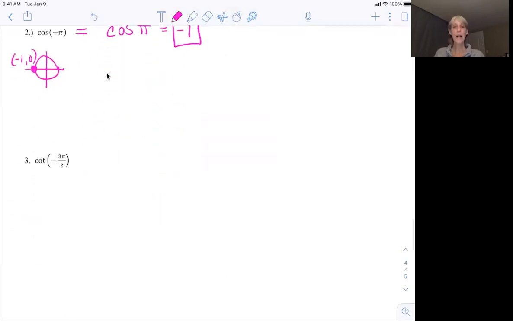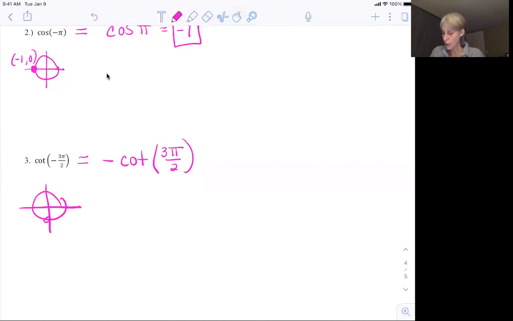Cotangent of -3 pi/2. Well, our reciprocal functions are going to work the same way, except we have to remember that we need to flip whatever we get. So the cotan of negative 3 pi over 2 is going to be the same as the negative cotan of 3 pi over 2.